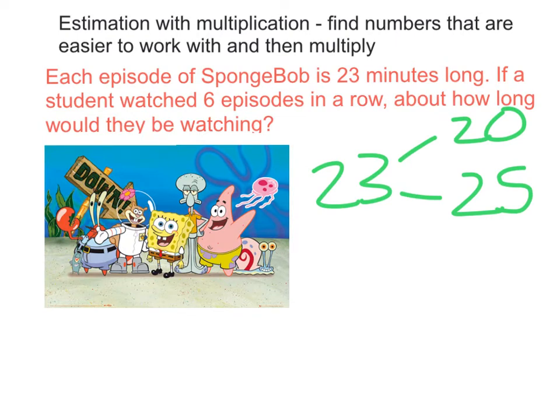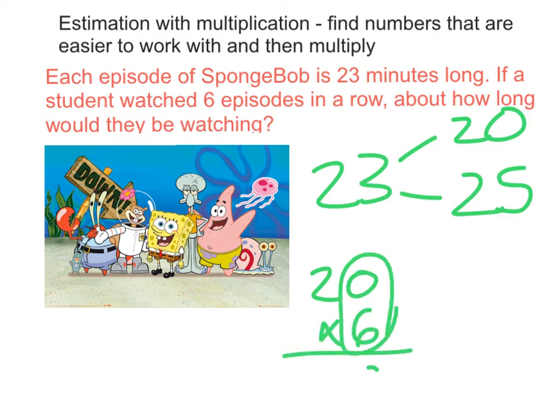So let's say we chose the 20. 20 times 6: 6 times 0 is 0, 6 times 2 is 12. So he could have spent about 120 minutes.